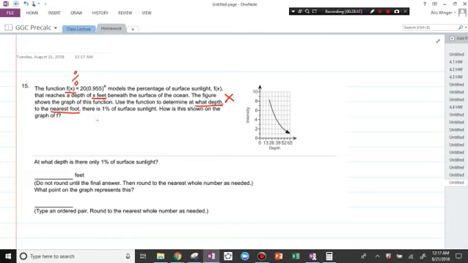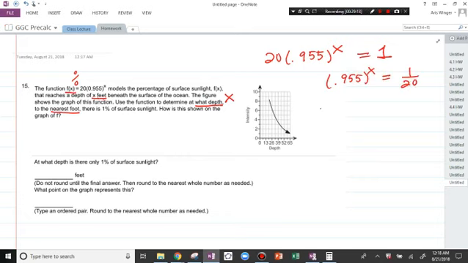How is this shown on the graph, right? So that means you're going to set 20 times 0.955 to the x equal to 1. Okay. We're going to go ahead and divide both sides by 20. So 0.955 to the x is equal to 1 over 20.